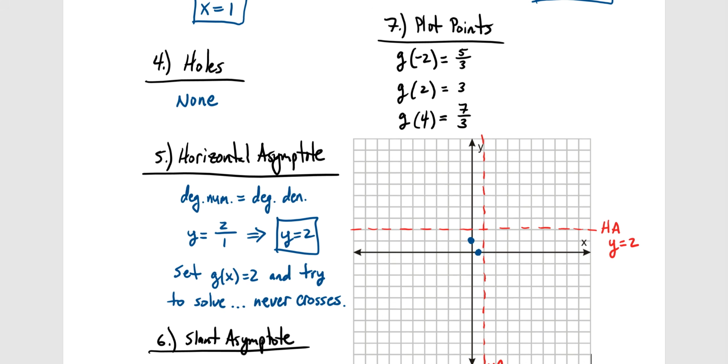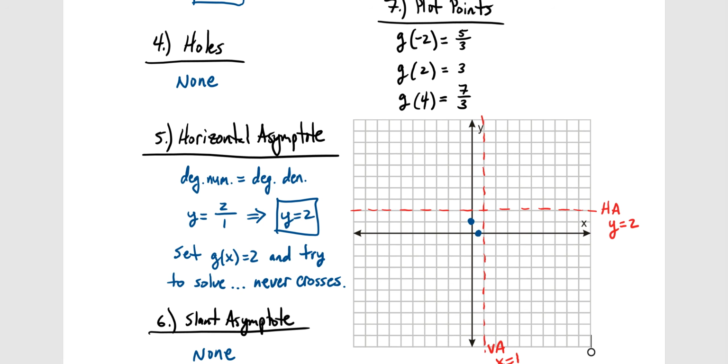So g of -2 is 5/3, which gives us the ordered pair (-2, 5/3), maybe about right here. Then we have (2, 3), which would be right here, and (4, 7/3). 7/3 is a little bit more than 2, so that would be about right here.